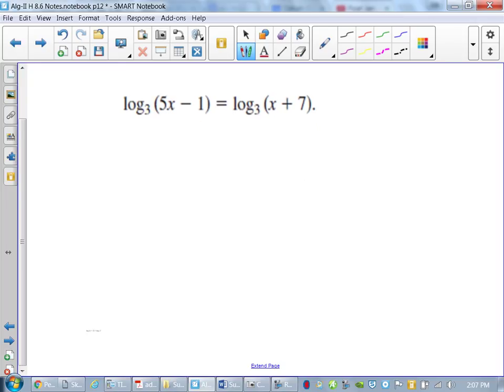Think about what we did yesterday. Read the instructions, they will tell you what to do. Yesterday we talked about exponential functions. If you had b to the x equal to b to the y, since those two bases were the same, what were we able to do with their exponents?